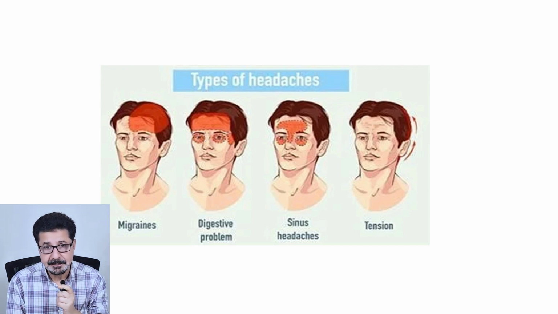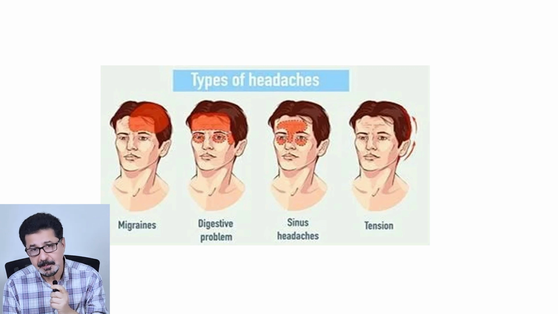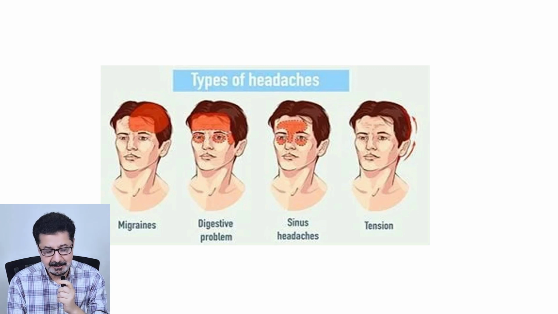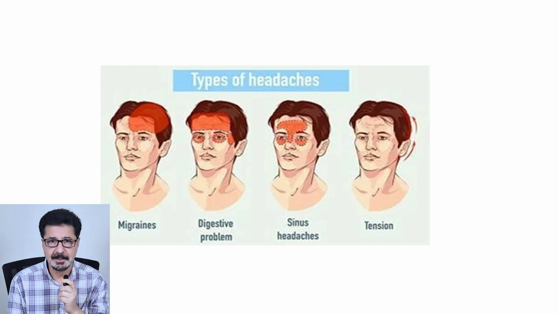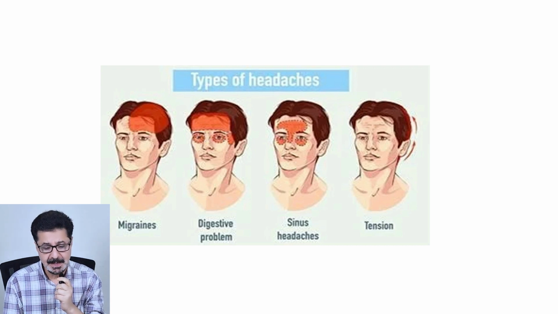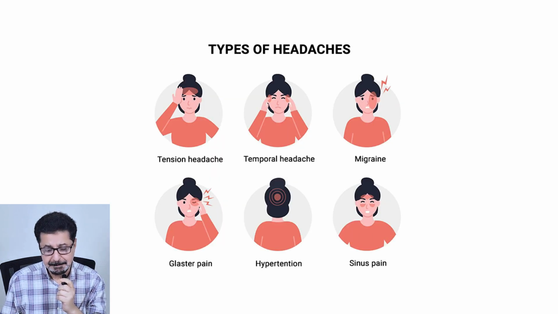High blood pressure can cause pain, though it can occur without headache also, usually at the back of the head. And then there are cluster headaches, which come in the form of a thunderbolt, and they are very severe headaches, on one side, associated with eye symptoms, and they are pretty easy to differentiate from migraine pain due to the nature of the pain and its periodicity.